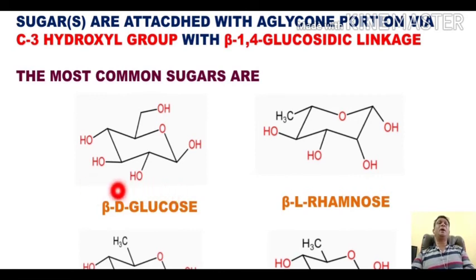The most important point is that the most common sugars which are found in the cardiac glycosides include sugars like beta D glucose, which we encountered many times. So this is beta D glucose, which has the pyran ring, a 6-membered ring containing an oxygen, having the hydroxyl groups at position number 2, 3, 4 and 5, and the hydroxymethyl group at 6th position.